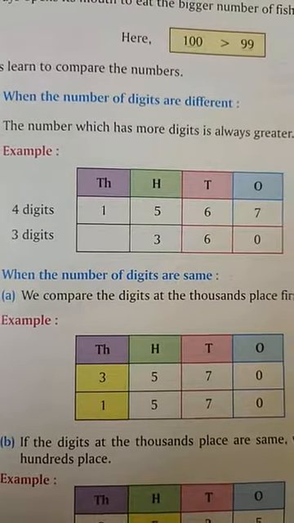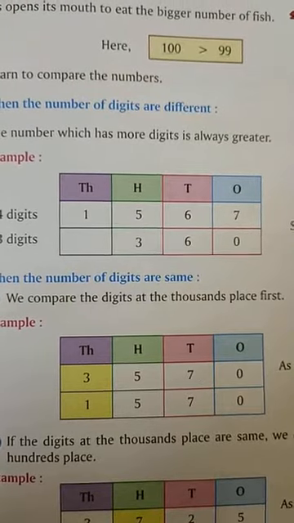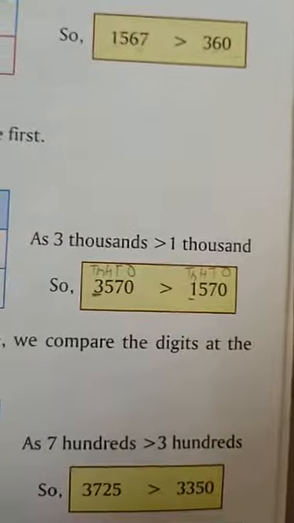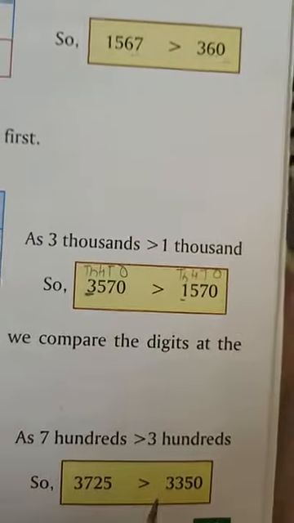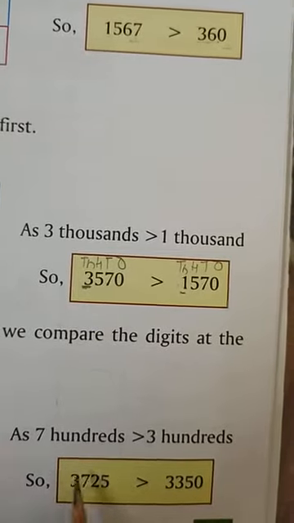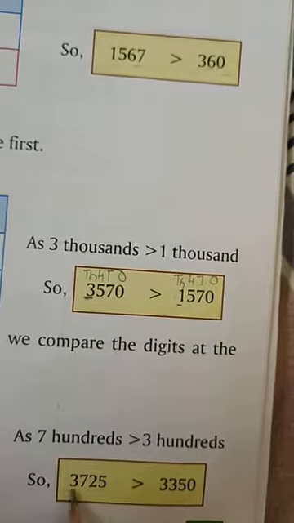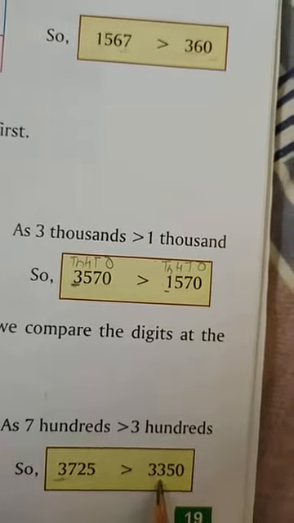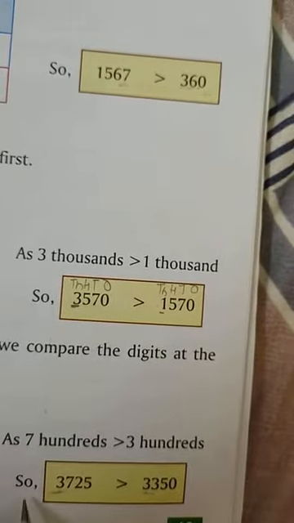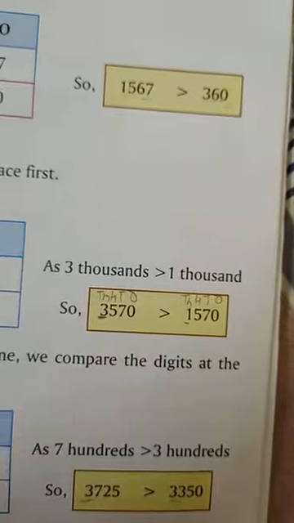Now if the digits at the thousand place are the same, how do we compare them? Let us understand this by taking an example. Here you can see on both sides 4 digits are present, and on the thousand place, on both sides 3 is present, so it is the same. So how do we compare this?